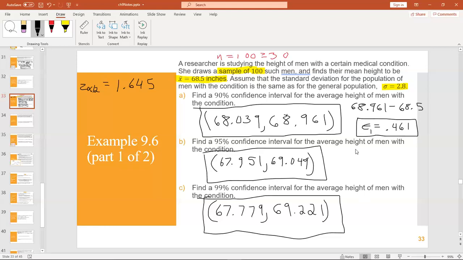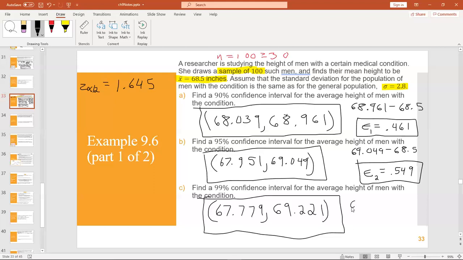And then error 2, you do 69.049 minus 68.5. That is 0.549. Call that epsilon 2. There you go. That's that one.